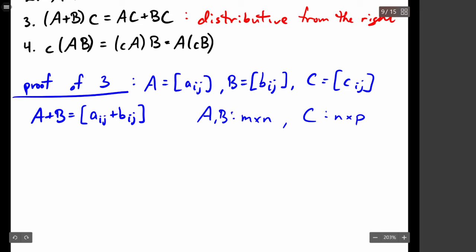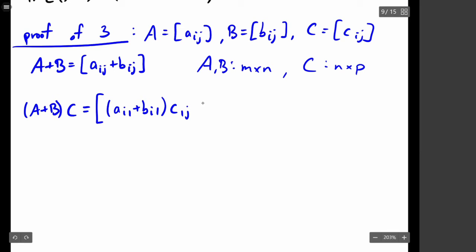Then A plus B times C is going to work out to be Ai1 plus Bi1, C1j, sorry, I mean C1j.